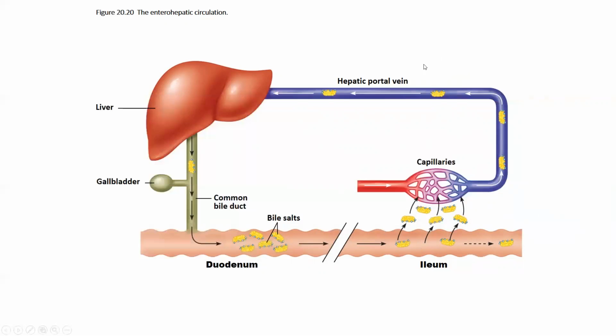Remember we talked about the portal circulation that recycles that blood, sends all that blood from the GI system into the liver to be detoxified. Well, what happens is these bile salts hitch a ride on this portal system. They enter the portal system, head to the liver, they are recycled, and we can make new bile salts. So the take-home message here is we do not just lose those bile salts in the feces. We don't just remove them from the body, right? We're going to repurpose them by reabsorbing them at the end of the small intestine, so in the ileum, repurposing them in the portal system, and making new bile salts. Okay.